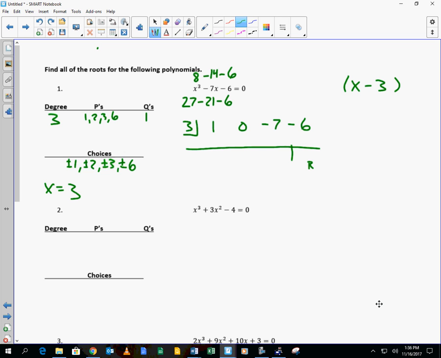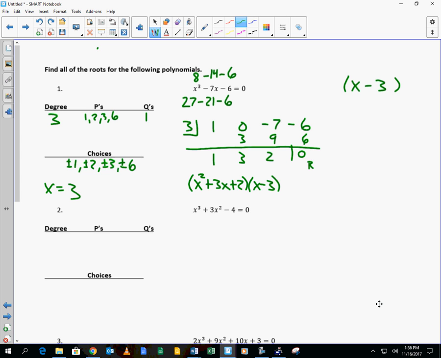If we divide, we get that, right? So it turns out this does factor. It factors to x squared plus 3x plus 2 times x minus 3. It does factor. If you were to multiply these together, you would get that. Great.